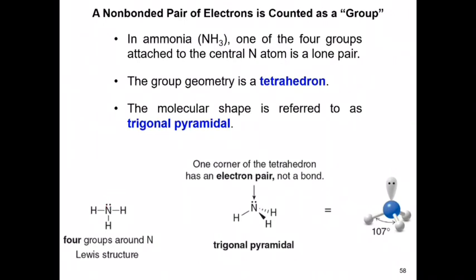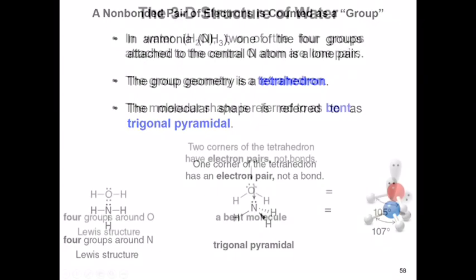But because one of these groups is a lone pair, ammonia has a trigonal pyramidal molecular geometry with bond angles less than 109.5. The reason why the bond angle in ammonia is less than 109.5 is because of the presence of this lone pair. Non-bonding electrons require more space, and so it basically pushes some of these bonds back a little bit, which reduces the bond angle.